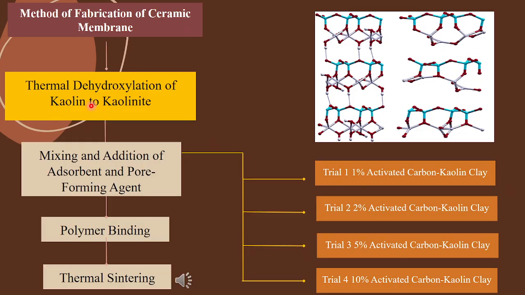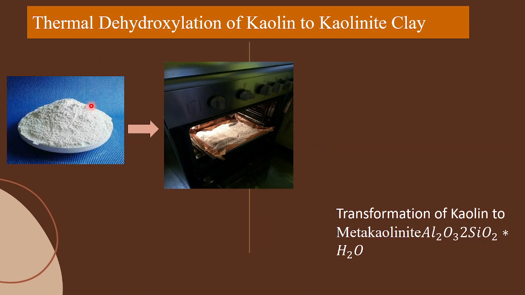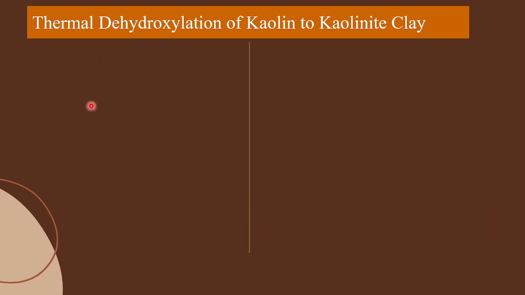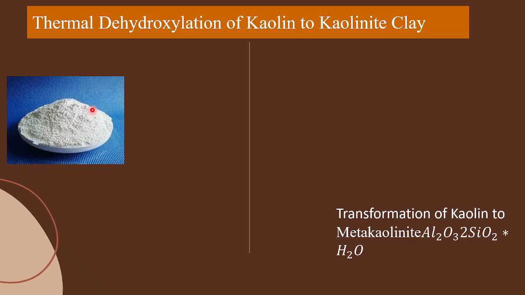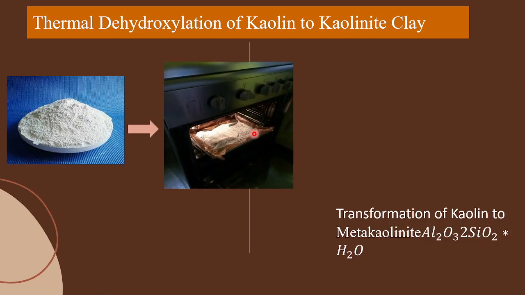And here, what we have done in our experiment is that this kaolin clay is subjected to an oven for 2 hours at 300 degrees Celsius. 300 degrees Celsius is the optimum temperature for thermal dehydroxylation according to the study of Nitu.